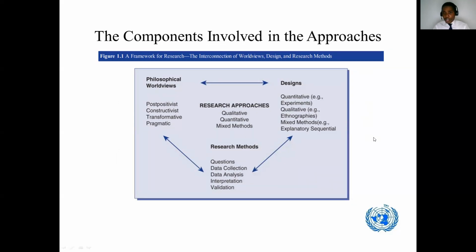Now, just give me a second. I want to be sure. So, what are the components involved in these approaches? One, I talked about philosophical worldviews, which means how people see things.